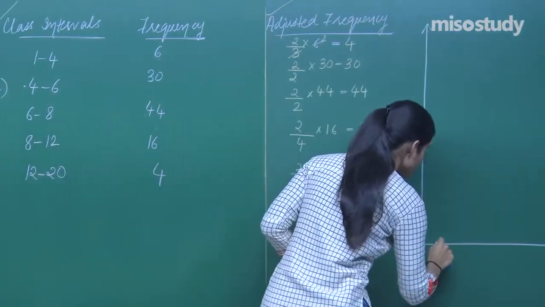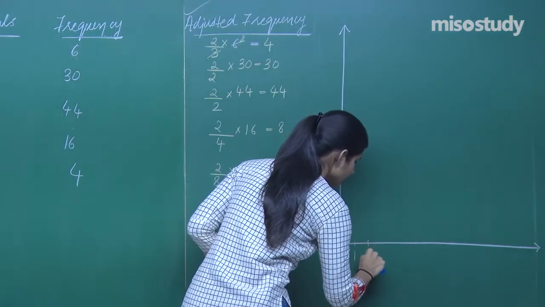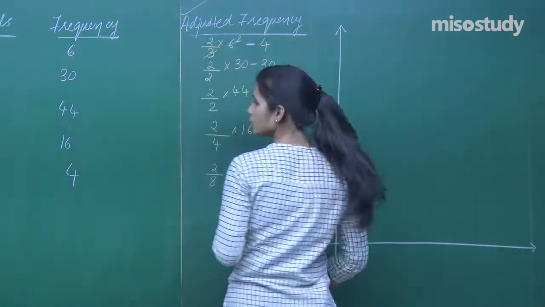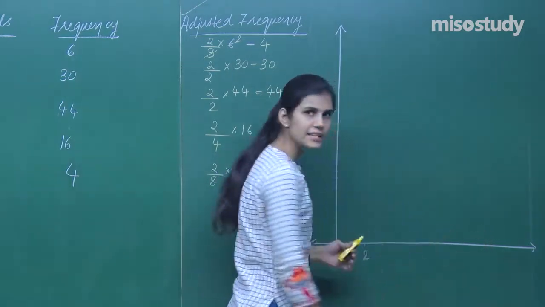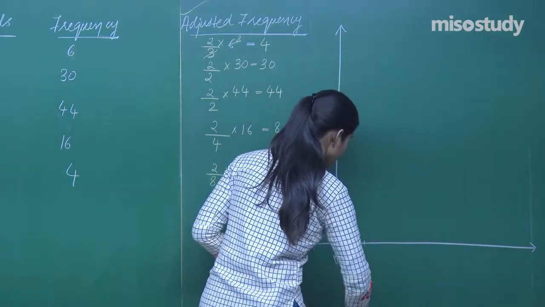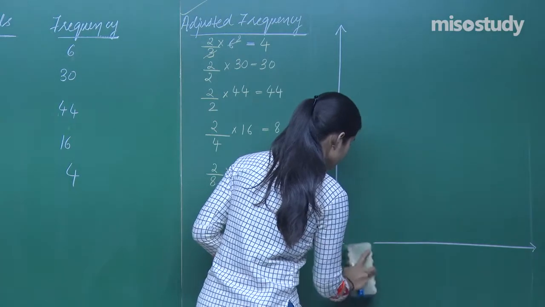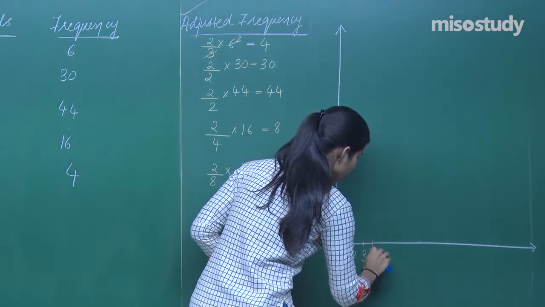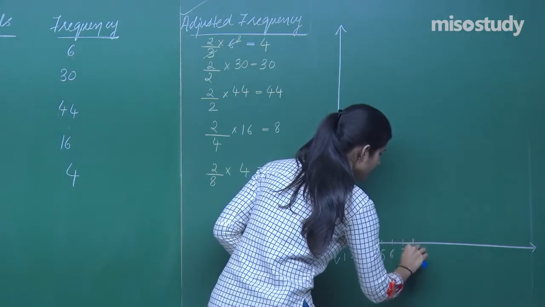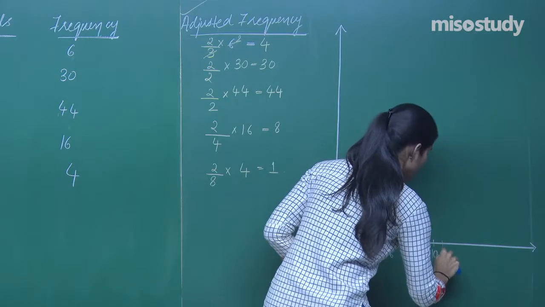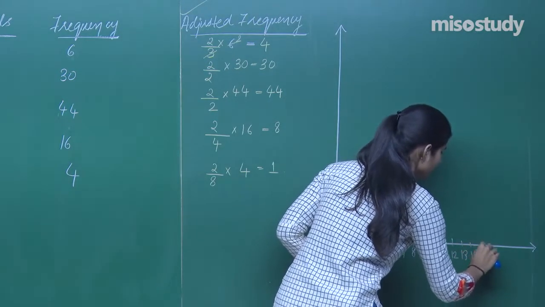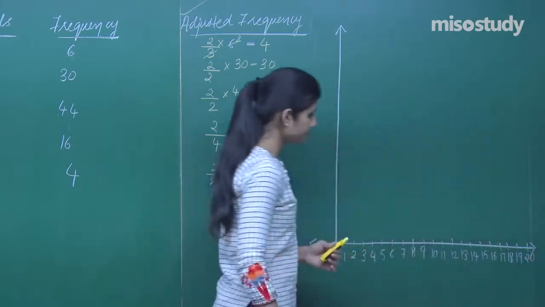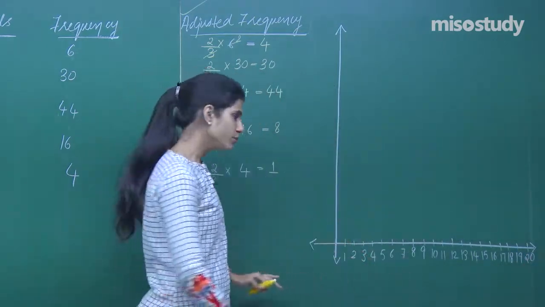I am going to begin with 1, then 2, 3, 4, and so on up to 20. Take one big division as 1 unit on the x-axis to mark the class intervals.